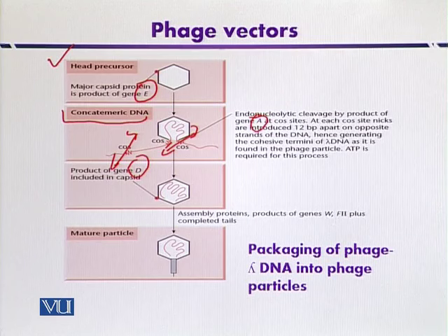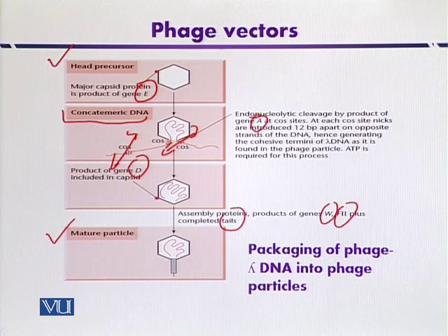And finally, some assembly proteins, including the products of gene W or F2, plus the tail components, will ultimately result in the production of mature phage particles. So in this way we can get phage particles that contain our recombinant DNA molecule.